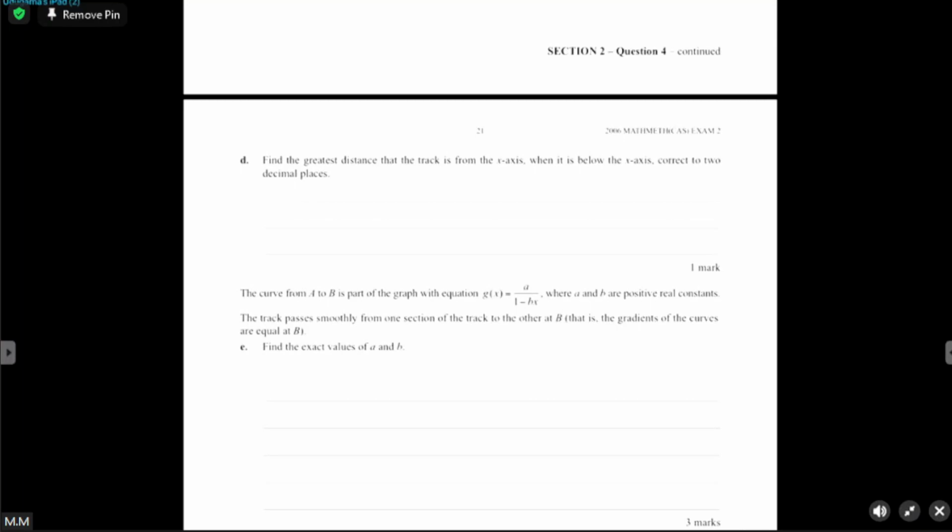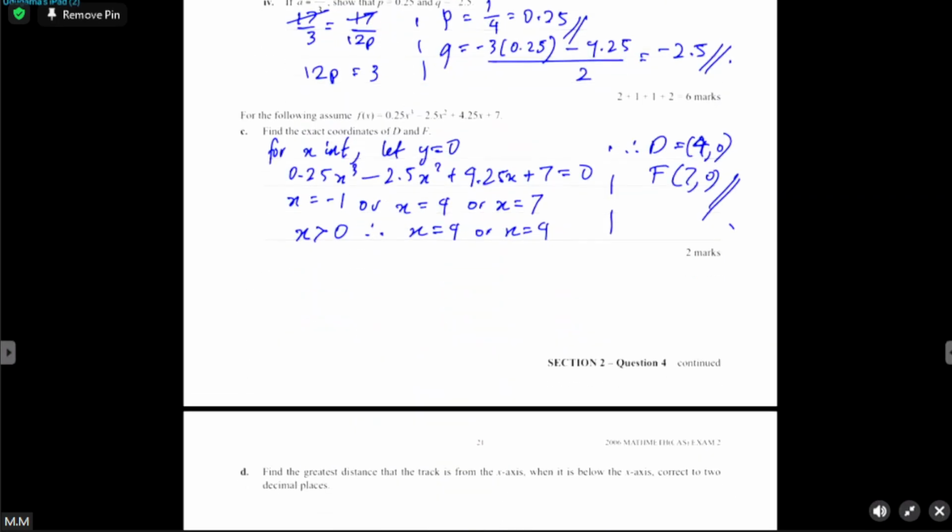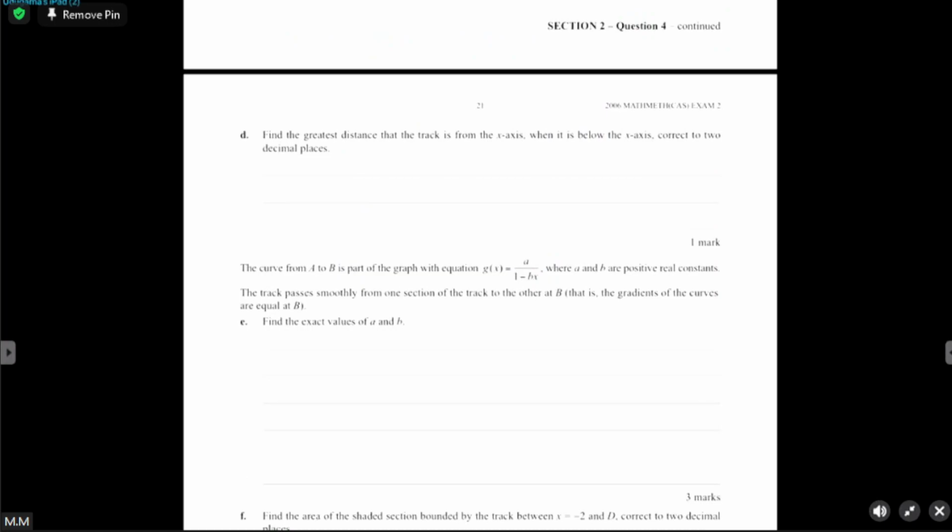Last page. So here, find the greatest distance that the track is from the x-axis when it is below the x-axis. So that's just the negative turning point over here. That's basically E, the y value of E. So f'(x) is equal to 0. 3x squared on 4 minus 5x plus 17 on 4 is equal to 0.